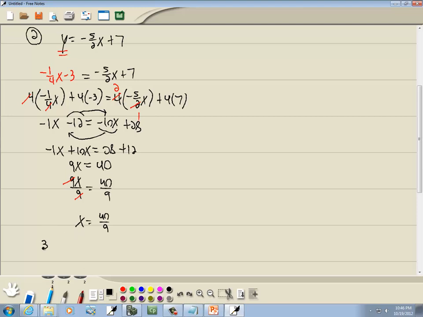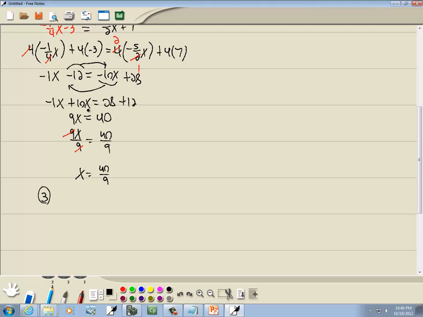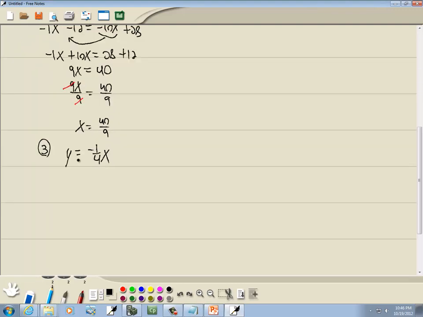Well, remember our third step. We now want to plug that back into the equation in step 1. Step 1 is y equals negative 1/4 x minus 3.